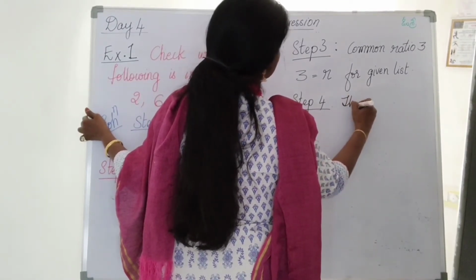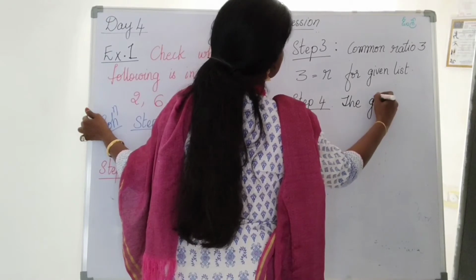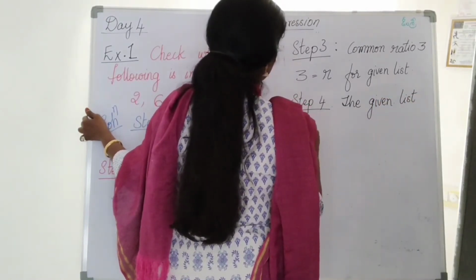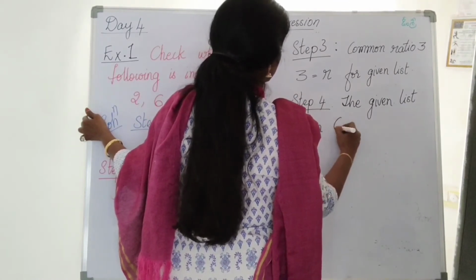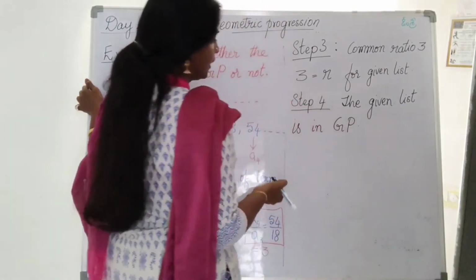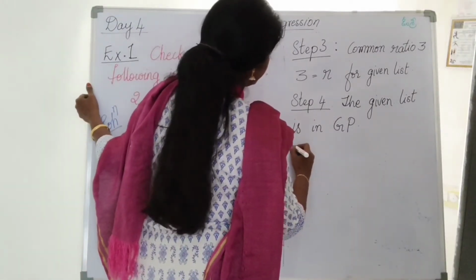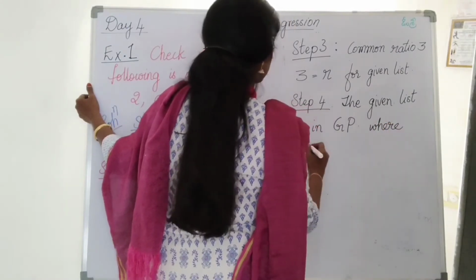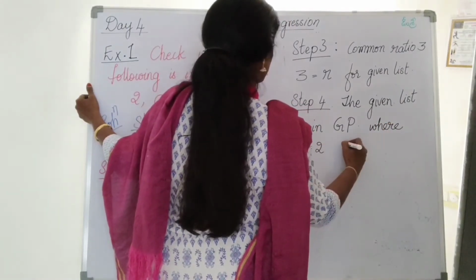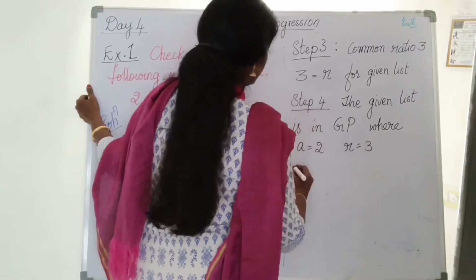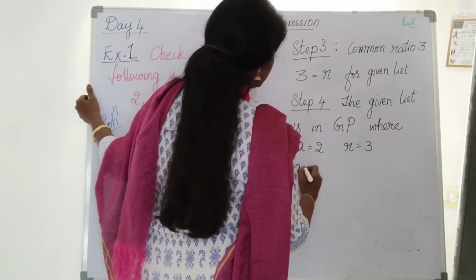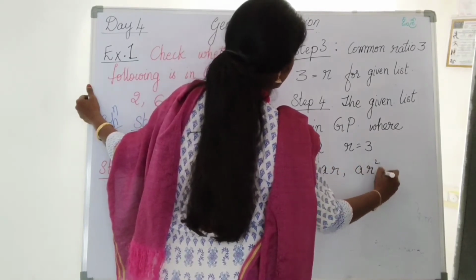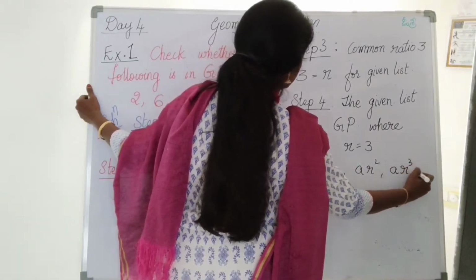So in the final step we can say that the given list is in GP. And how do you write the form here? First term A is 2 and common ratio r is 3, and the terms you can write as a, ar, ar square, ar cube and so on.